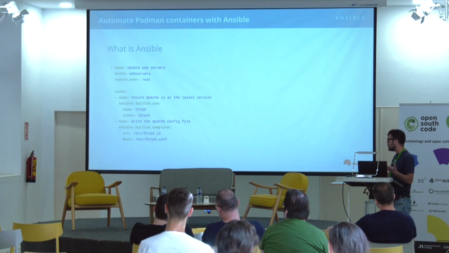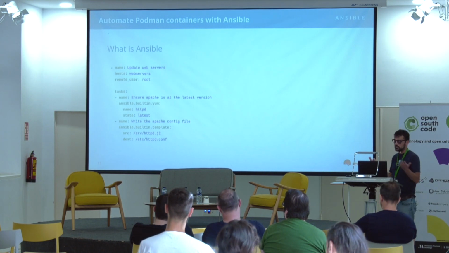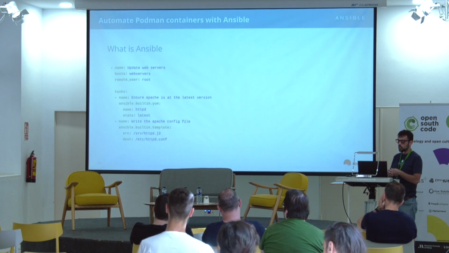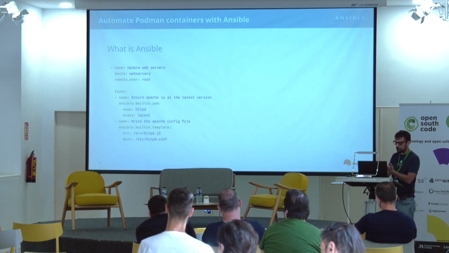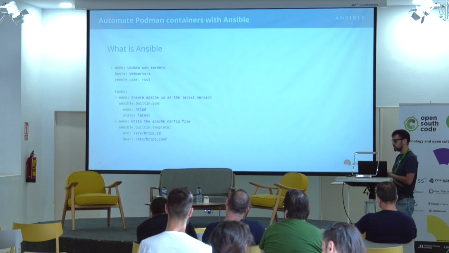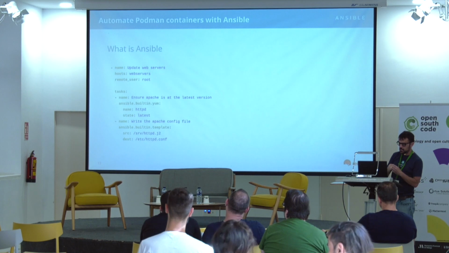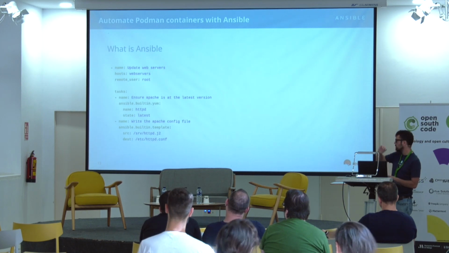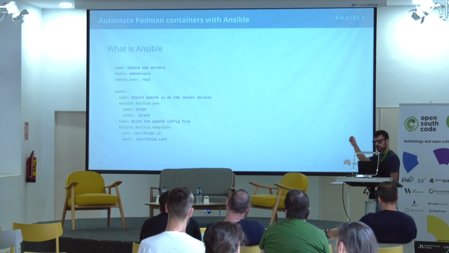It's going to install with yum the httpd package, the latest version. And then it's going to template a Jinja file, because Ansible supports Jinja templating, from the local machine, httpd.j2, to the target machines at /etc/httpd.conf.